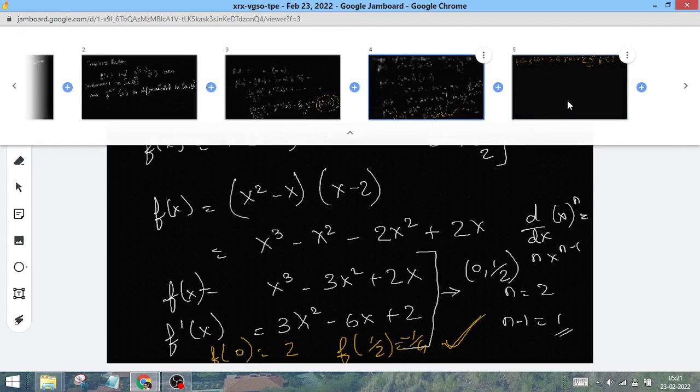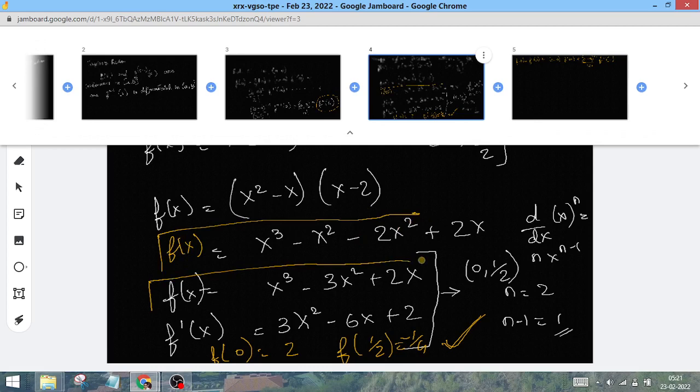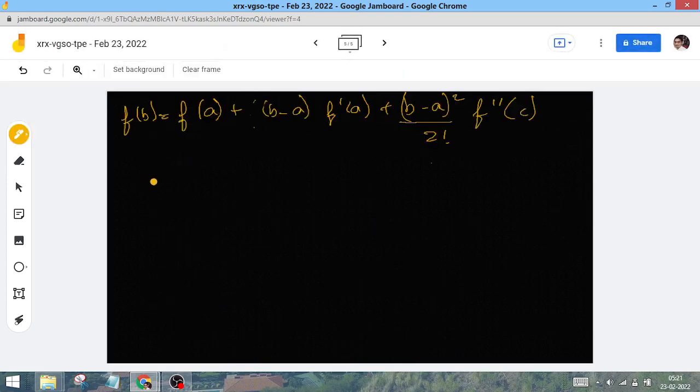Okay. So this is our main equation. Let us write down what we get. Our range is between 0 comma half. So f of half equals f of 0 plus half minus 0, which is half, times f dash of a.